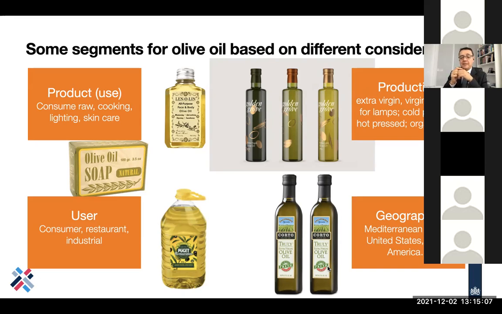So, for example, that means that they don't really understand that there are segments within olive oil. There are people that will buy extra virgin olive oil, fresh or cold pressed, first press extra virgin olive oil. And then there are people that will buy just hot pressed, third press olive oil.